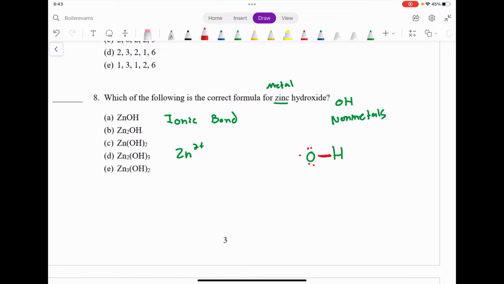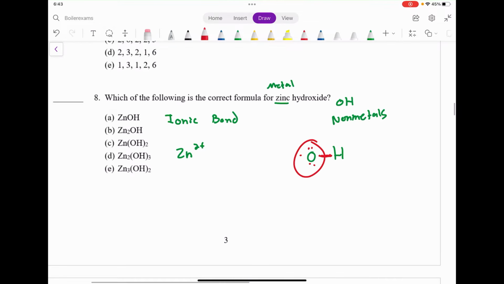And then in an ionic bond, this oxygen is going to steal one more electron from the metal to fill that spot and get its 8 valence electrons. So this essentially has a -1 charge. So in order to cancel out the 2+, we're going to need 2 hydroxides.